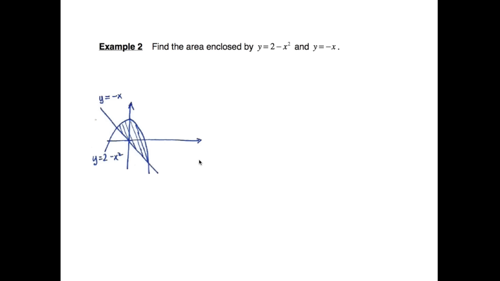One more detail before we move on to finding these intersections and finding the area. You may have been surprised with this area being below the x-axis, so it may have given you the impression that we have to be careful, we're going to have a negative area and we have to change the sign. We don't have to.